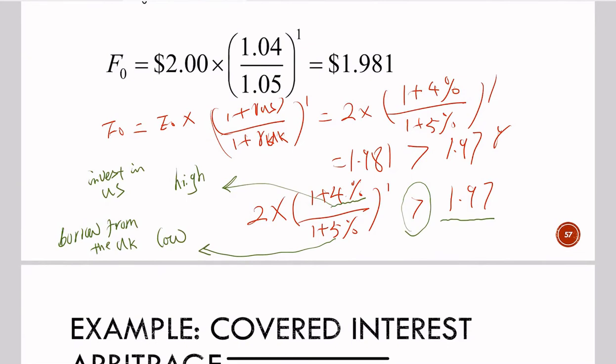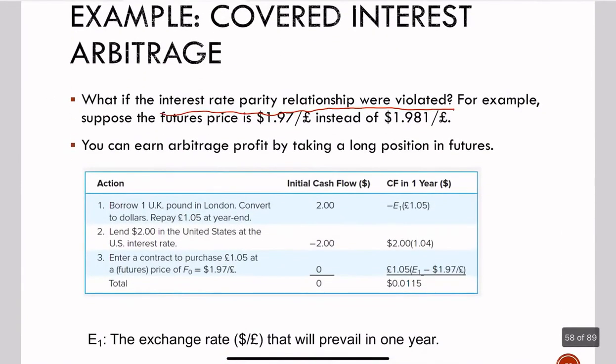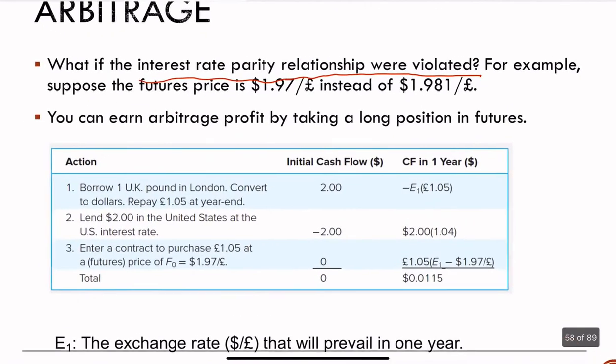So you will want to hedge against this potential exchange rate movement. And now you could see that you're investing in US dollars. And what you want to do is take a long position in this futures contract.